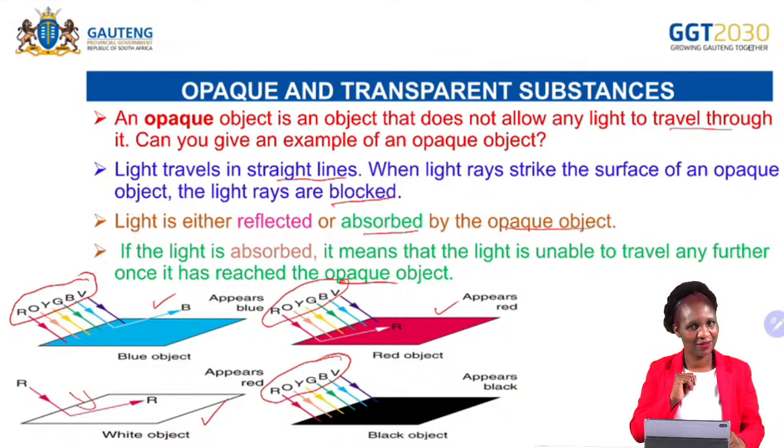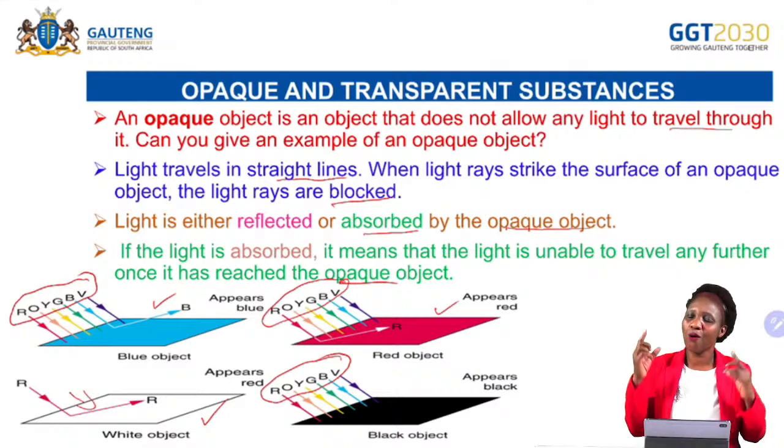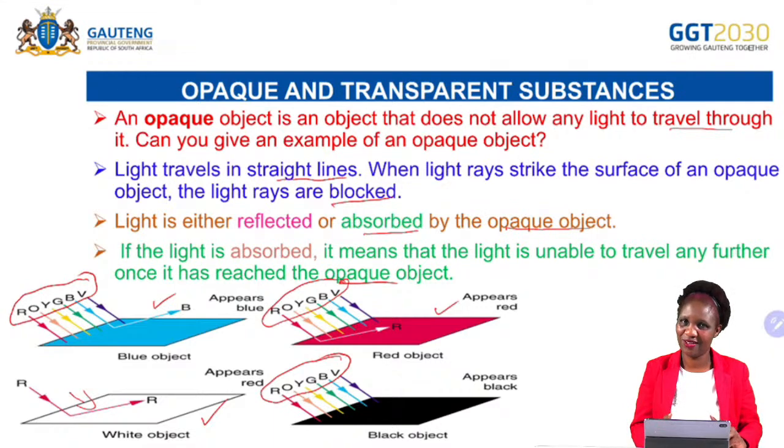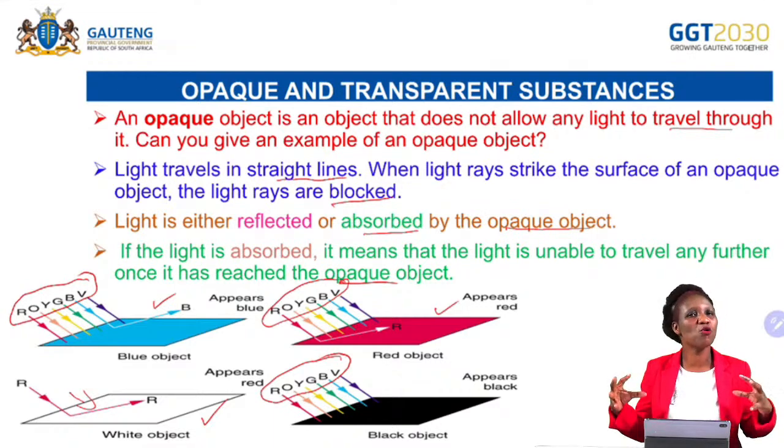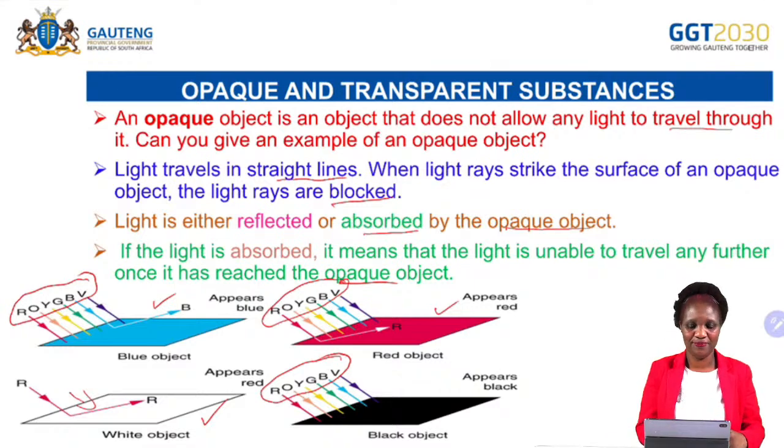Do you get that? If white light strikes a black object, all the colors will be absorbed. No light is going to be reflected to our eyes. And therefore, our brains are going to interpret it as black. You get that? Why? Because all the colors of the spectrum will be absorbed.